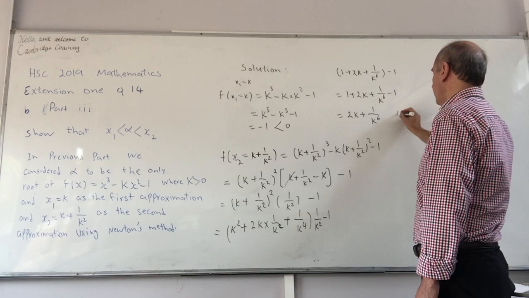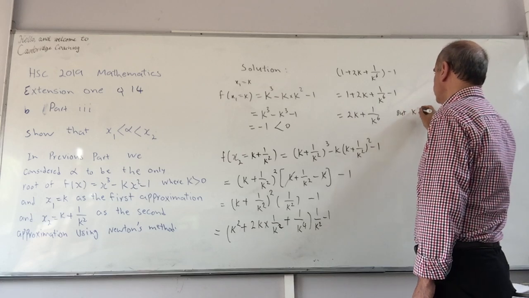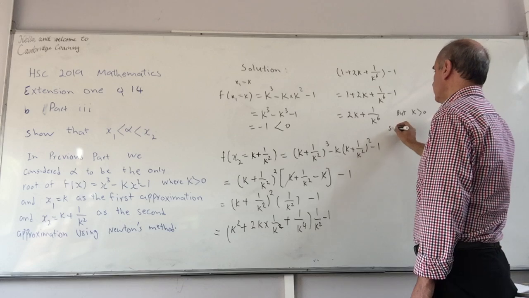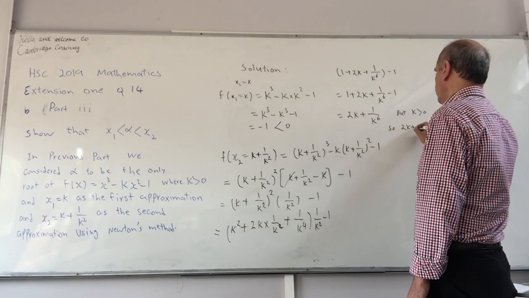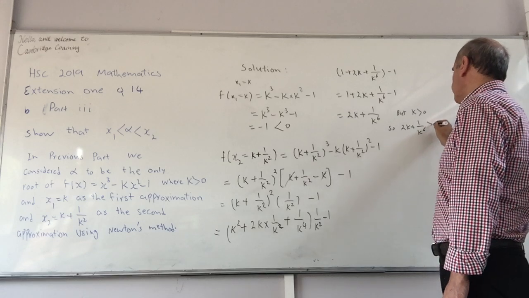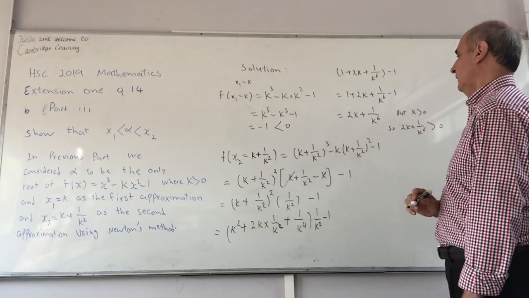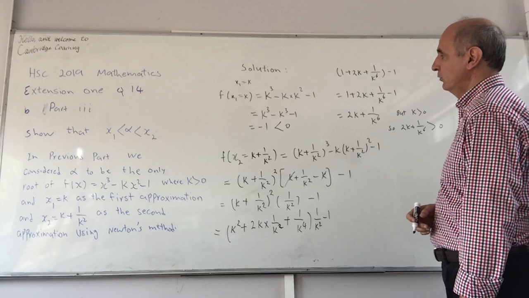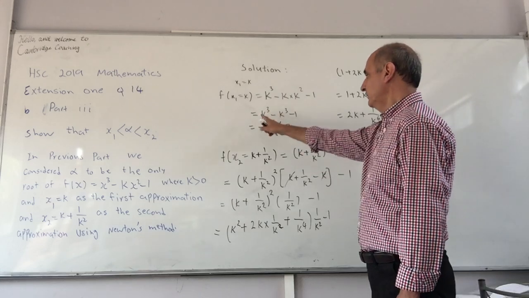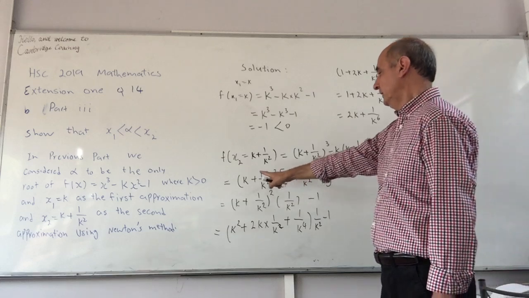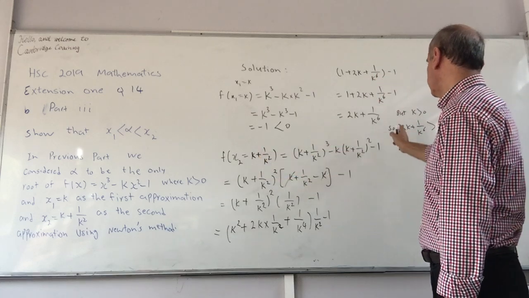But k was positive. So this is positive and this is positive. So 2k plus 1 on k to the 6 is positive. And that proves the point, because f of k was negative and f of k plus 1 on k squared is positive.